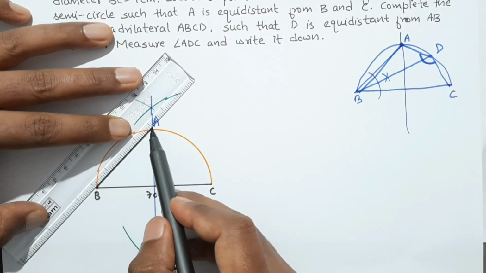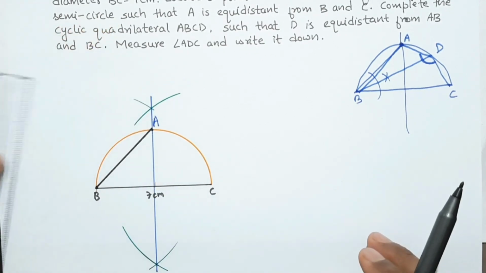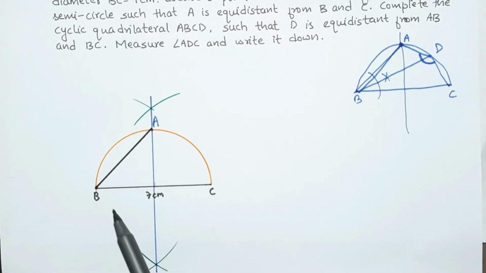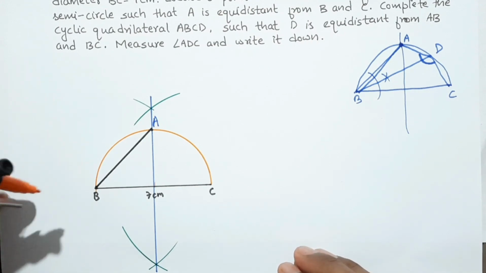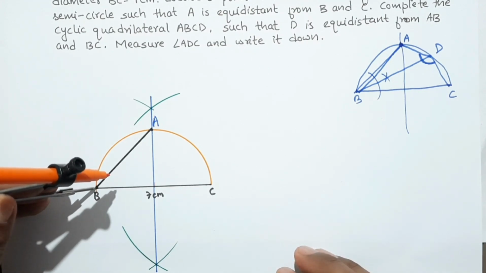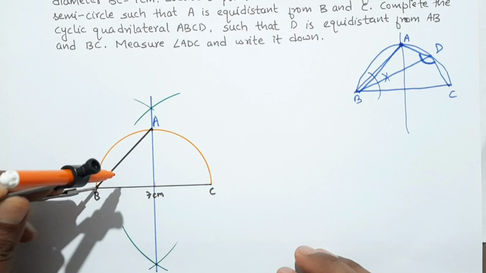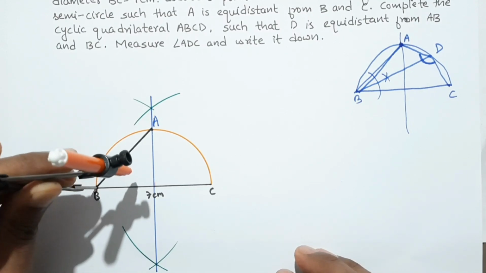To complete the cyclic quadrilateral, we have to find the point D, which is equidistant from AB and BC. That means we are going to construct the angular bisector of angle B. First we put the compass at B and draw an arc to intersect both AB and BC.